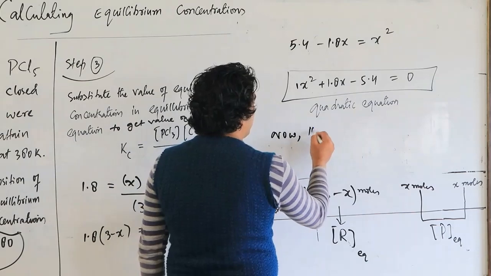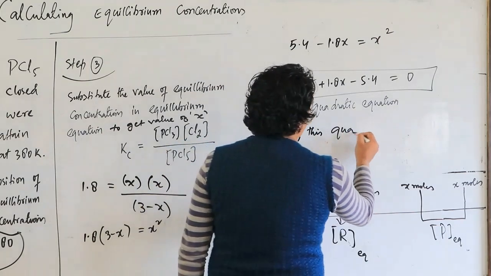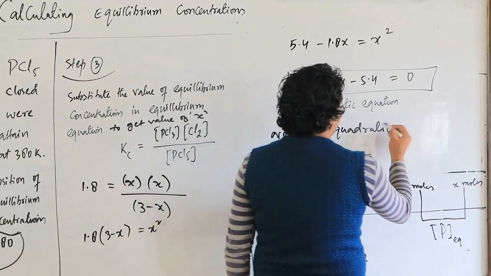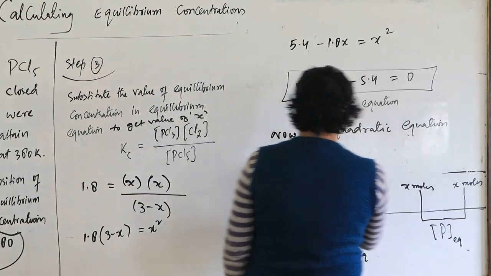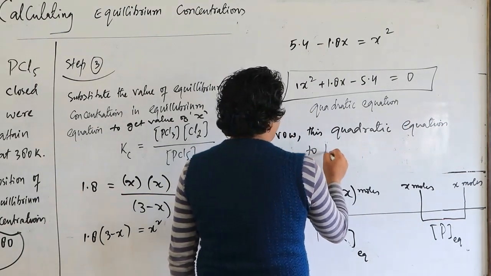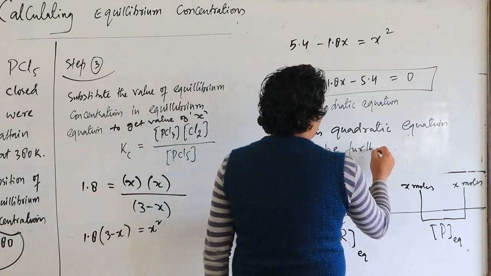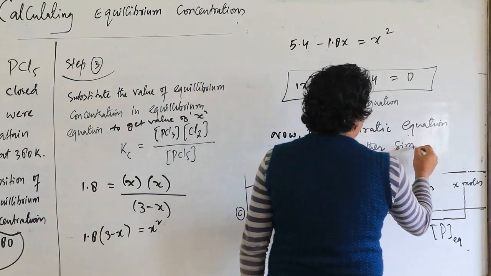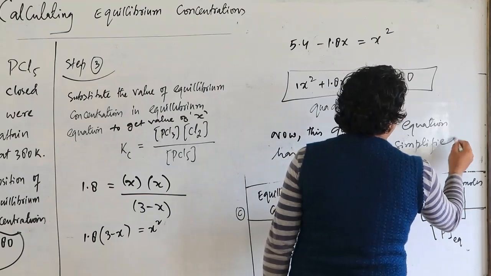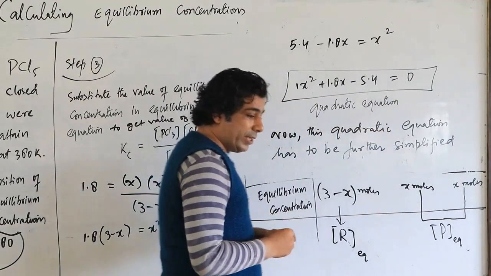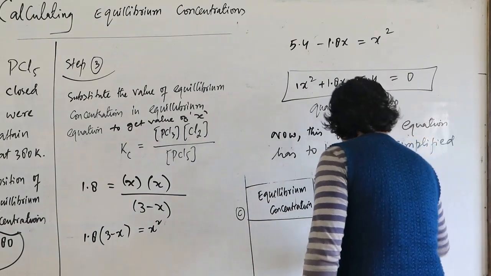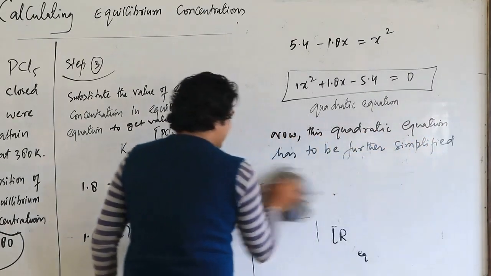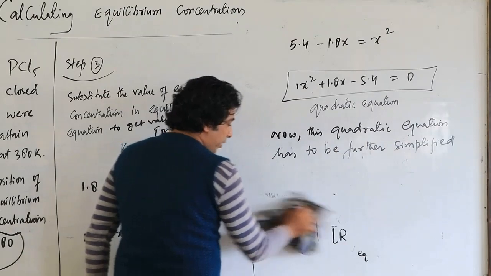Now, this quadratic equation has to be further simplified to obtain the value of x. And when you obtain the value of x through the quadratic formula, what happens?